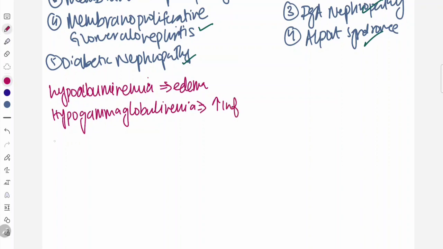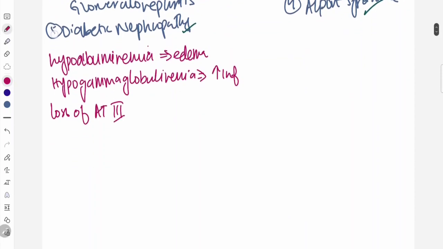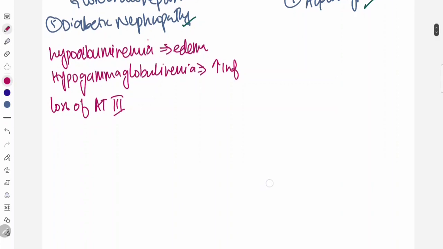What else? We're going to have a loss of antithrombin 3. You know, antithrombin 3, what did it do? It stabilized the platelets and prevented them from making a clot. So usually what AT3 does is that it stops clotting.